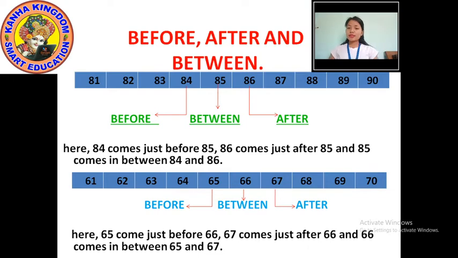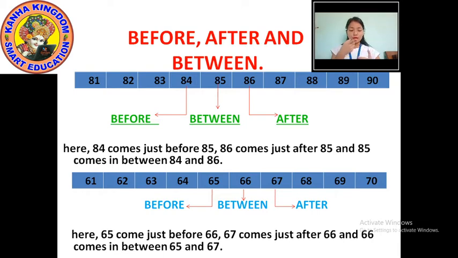It means 65 comes just before 66, and 67 comes just after 66.